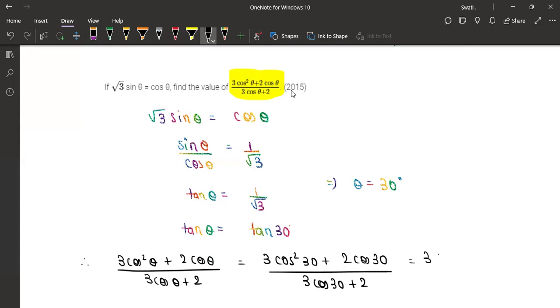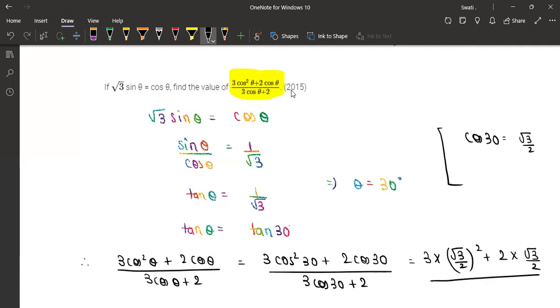You know the value of cos 30 is root 3 by 2. You can write down all the values that you use. So since cos 30 is root 3 by 2, this will become 3 times root 3 by 2 square plus 2 times root 3 by 2, upon 3 times root 3 by 2 and then plus 2 as it is, right?